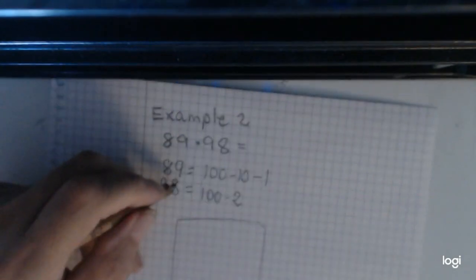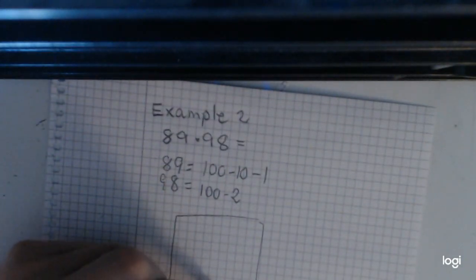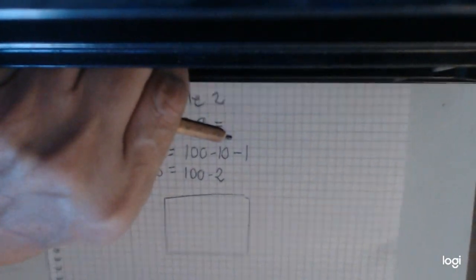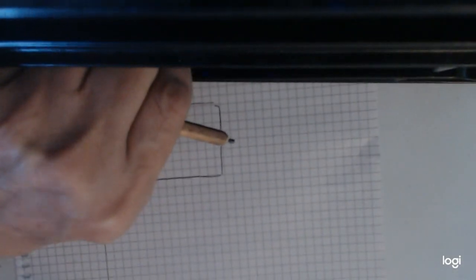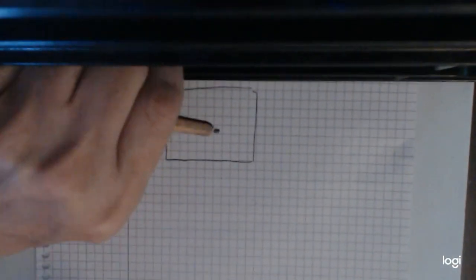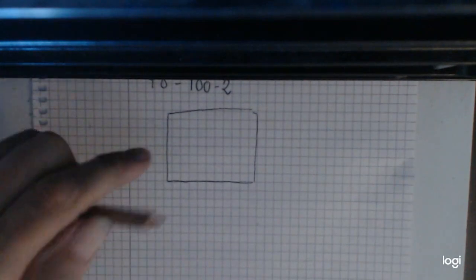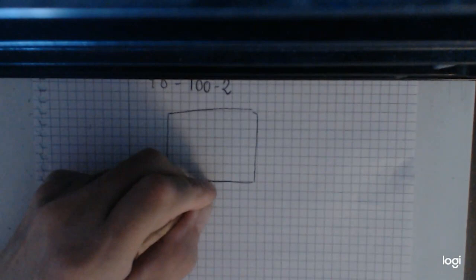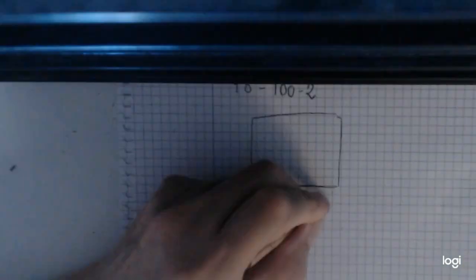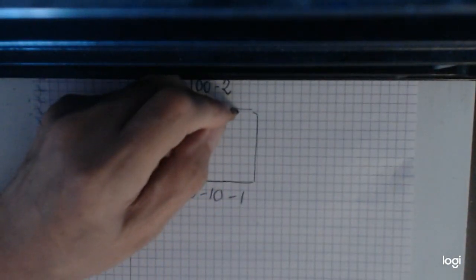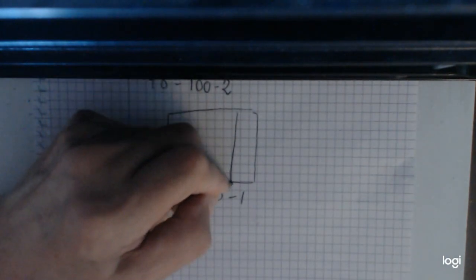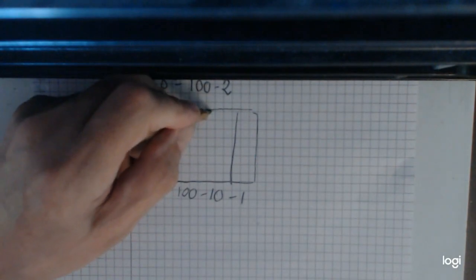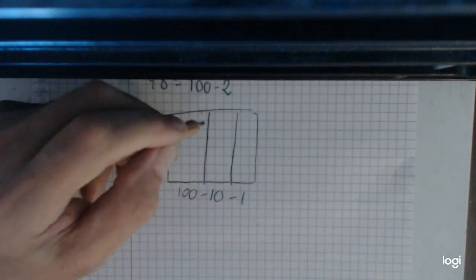Here you write this side as 100 minus 10 minus 1, and then you draw a line between these numbers like that.